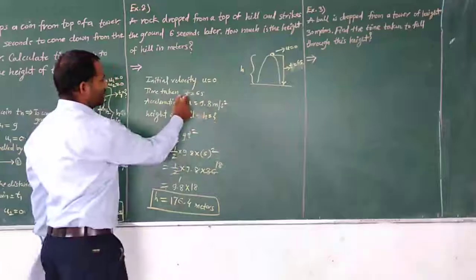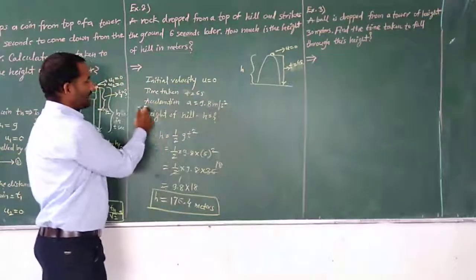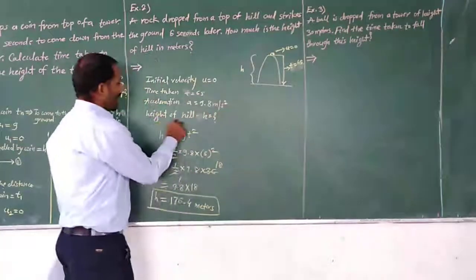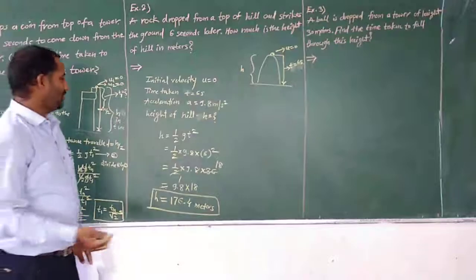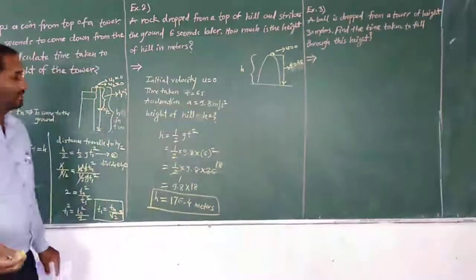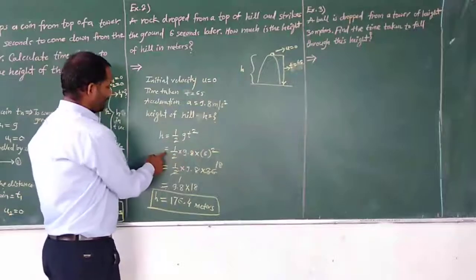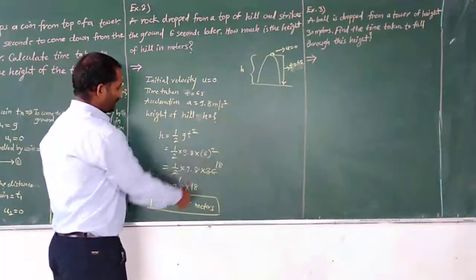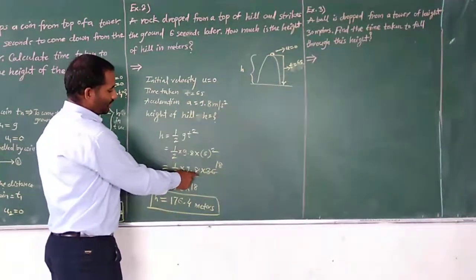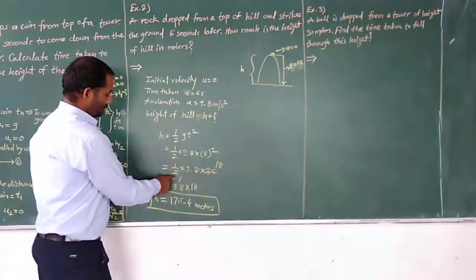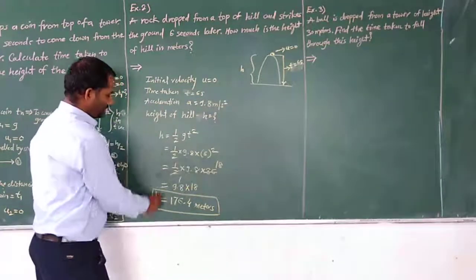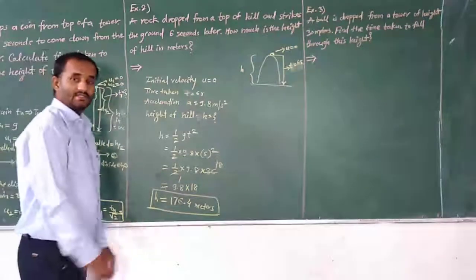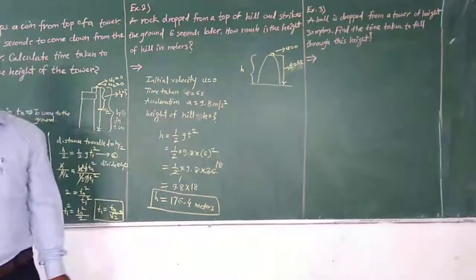Acceleration due to gravity is 9.8 meter per second square. h is equal to half gt square is equal to half into 9.8 into 6 square, so half into 9.8 into 36. So 9.8 into 18 is 176.4 meters, right?